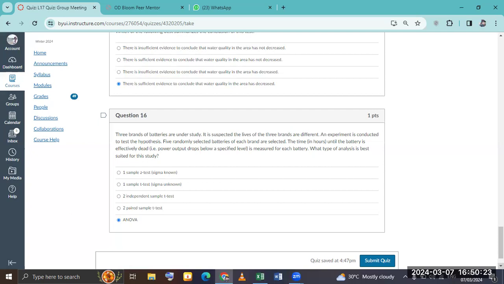What type of analysis is best suited for this study? I thought the best is ANOVA because we're trying to compare between 3 different brands to see which one lasts longer than the other. That is what I chose. So we submit.